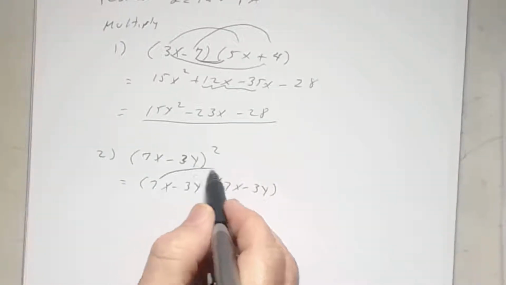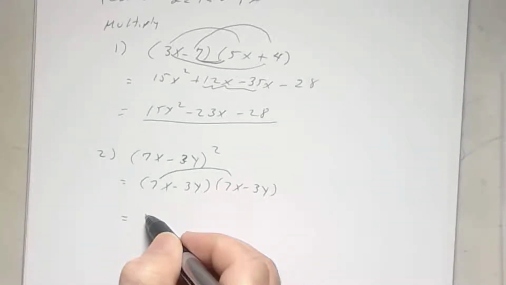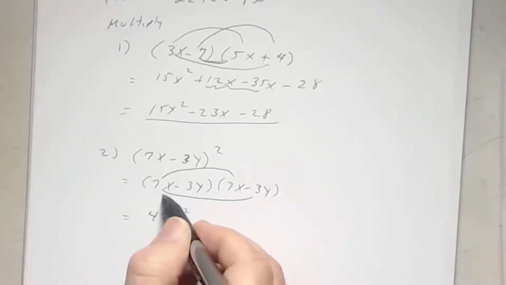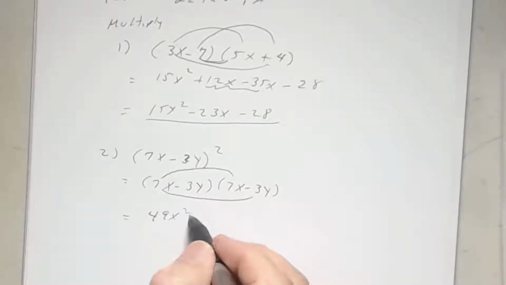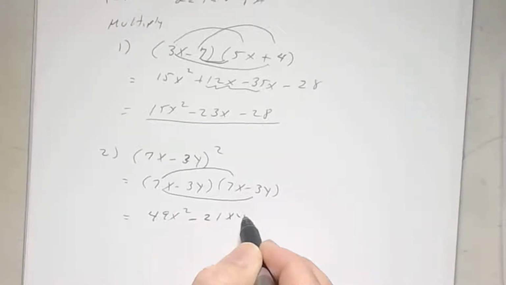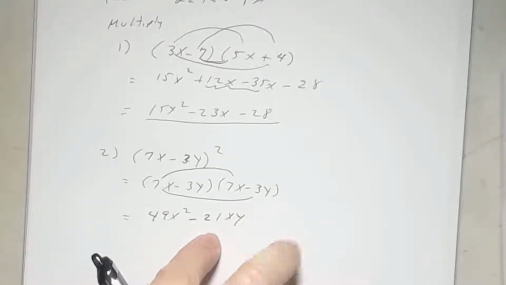So when I look at the first terms of each binomial, what's 7x times 7x? Okay, what's the outer? What's a 7x times a negative 3y? Yeah. All right, now since I'm squaring a binomial, we talked about this last class period, the outer and the inner will be identical, right?